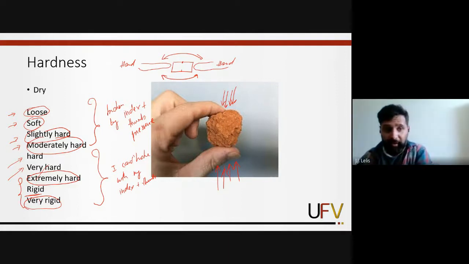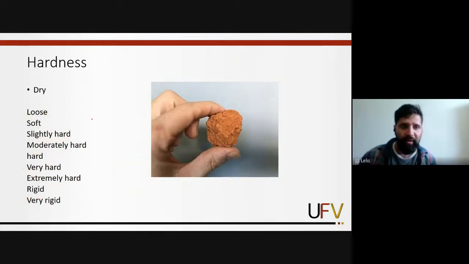So again, if I can break the pad using only my two fingers, my index and thumb, I should classify between these four classes: easily, not so easily, not so hard, and hard.